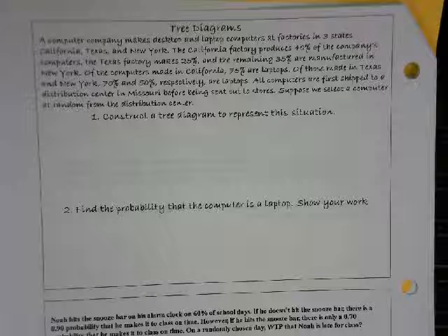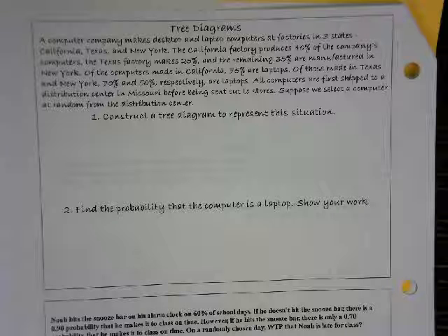Of the computers made in California, 75% are laptops. Of those made in Texas and New York, 70% and 50% respectively are laptops. All computers are first shipped to a distribution center in Missouri before being sent out to stores. Suppose we select a computer at random from the distribution center.